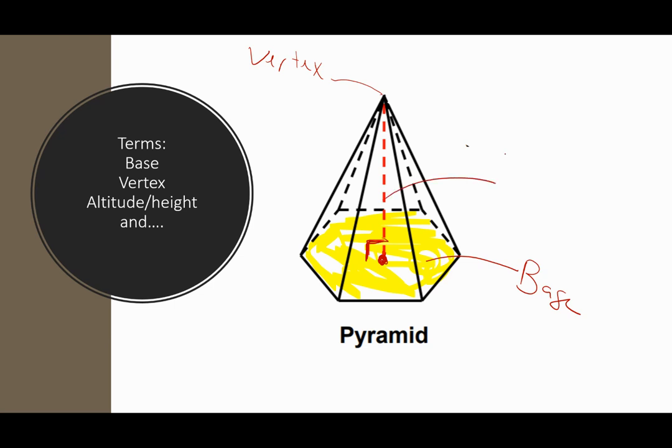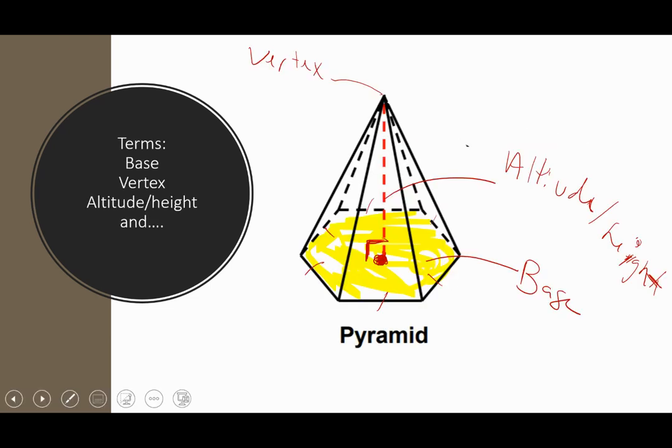But this altitude and height is of the whole pyramid, the whole pyramid. Okay? So those are the altitudes. If this is a regular polygon on the bottom, our altitude goes right into the center.